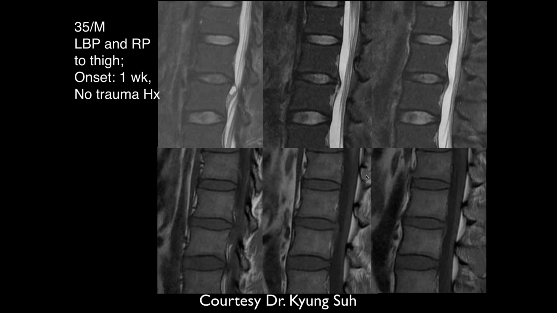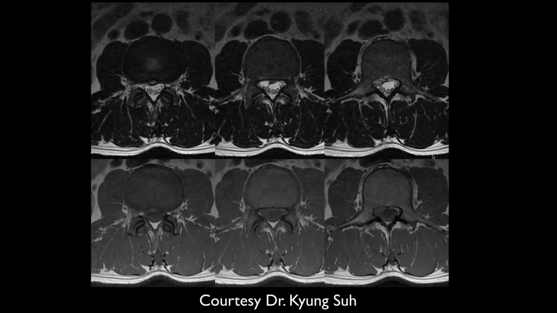35-year-old male, low back pain, radiating to the thigh, onset 1 week, no trauma. So there's also a disc extrusion and looks cystic and a little bit inferiorly migrated. Yeah, it's cystic and sort of right lateral recess.